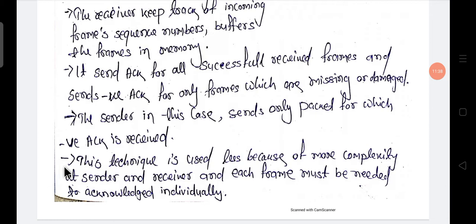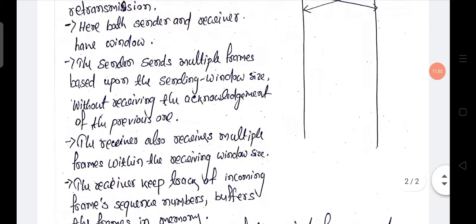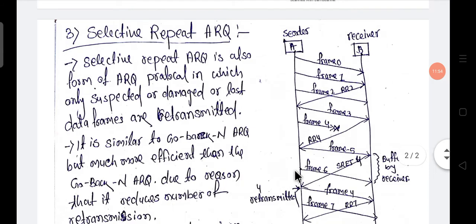This technique is used less because of more complexity at the sender and receiver. Each frame must be acknowledged individually. Since it sends only frame 4, each and every frame should be acknowledged. After examining all the frames one by one, the receiver can get to know which frame has an error.